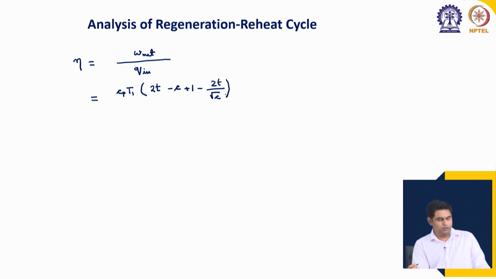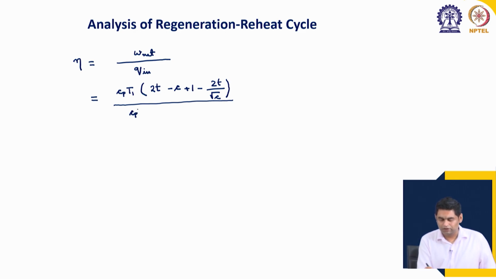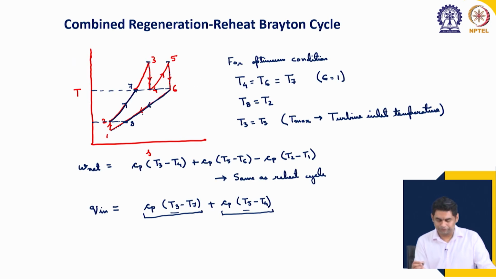Two T minus C plus 1 minus 2 T by root C. So, this is the net work output, this divided by the heat addition, which we can also write in a similar way, C p T 1, and the heat addition was equal to.